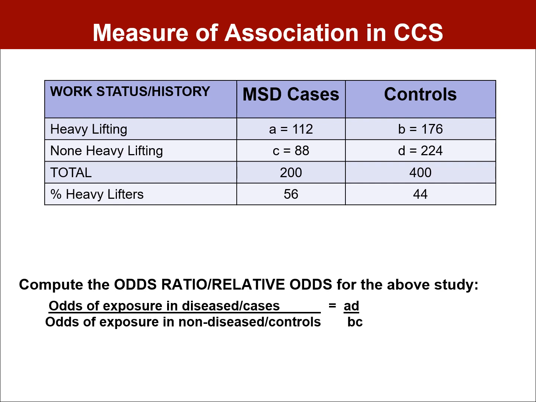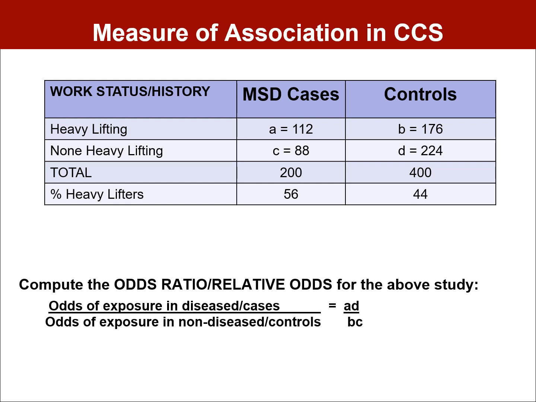The number of people who have a musculoskeletal disease that have a job history or status that involves heavy lifting was 112 for this particular time frame. So that's A. The number of people who do not have this musculoskeletal disease that have a job that involves heavy lifting, which is cell B, is 176.